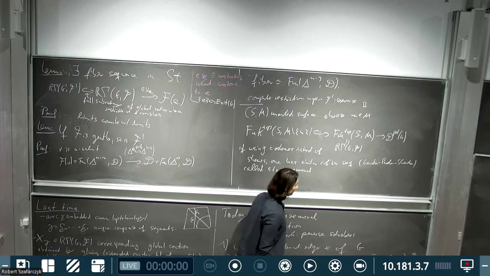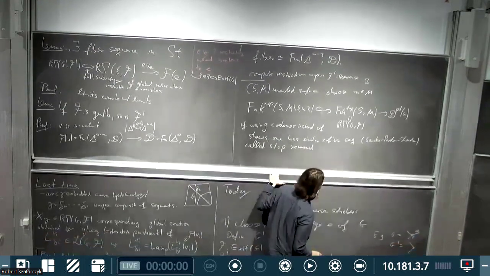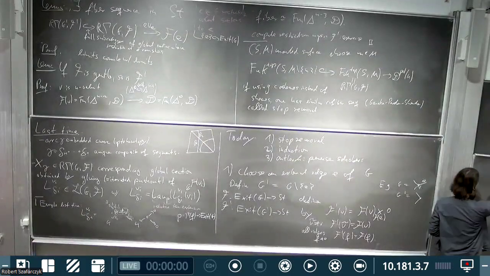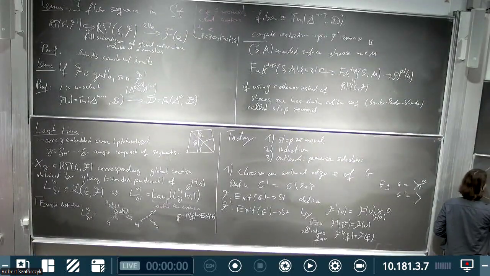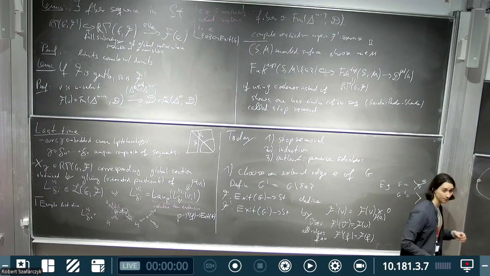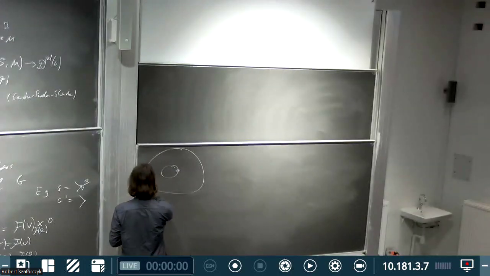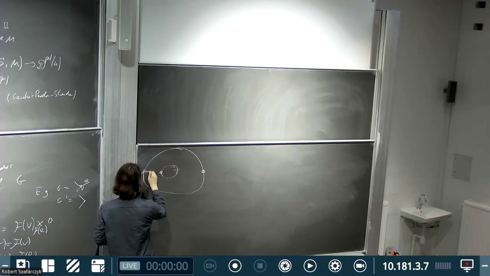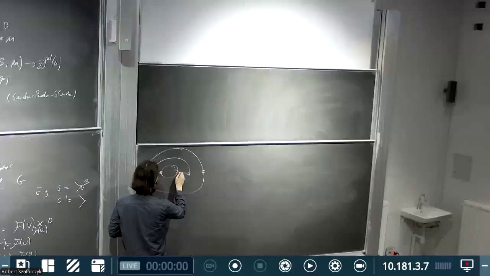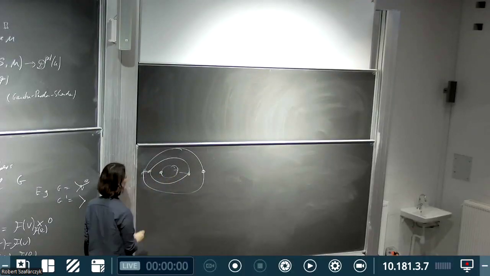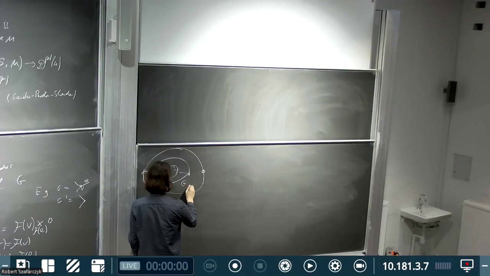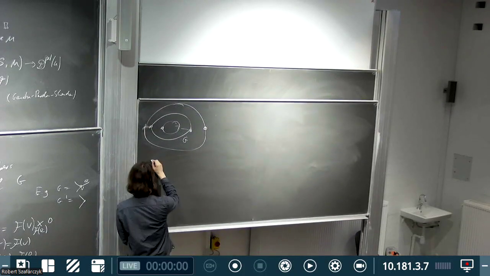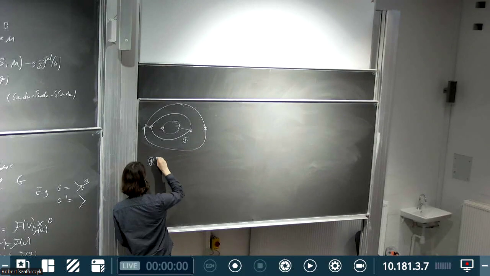And let me illustrate this in an example. This fiber sequence. So we look at the annulus with two marked points. Let me put the marked points here and here. This is our ribbon graph. Then this would be G. Then what is the global sections RΓ(G, F)?